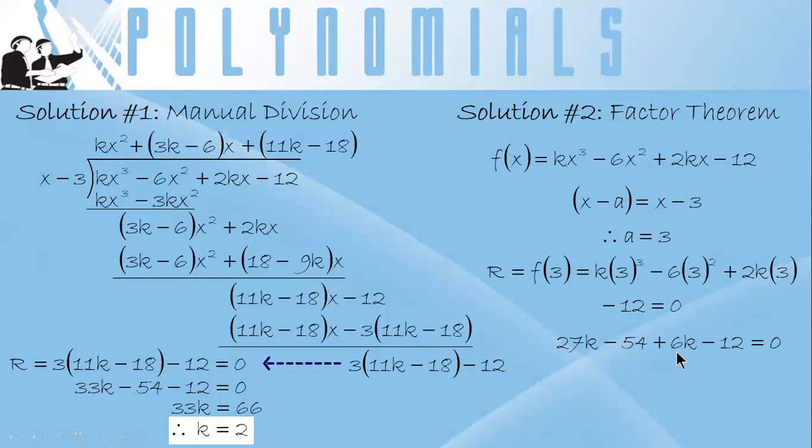And then combine like terms. 27 plus 6, you have 33k. And then 54 and 12, 66. Transpose, and k equals 2. So that is the difference: manual division versus the factor theorem style.